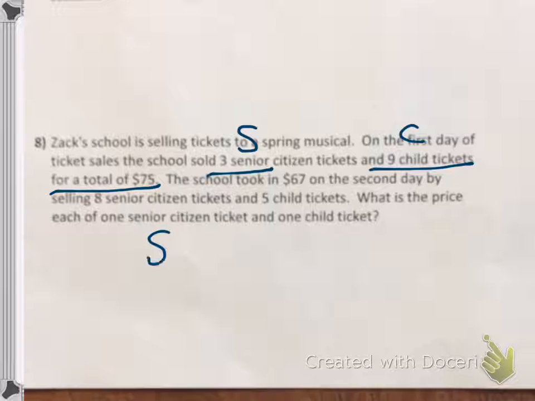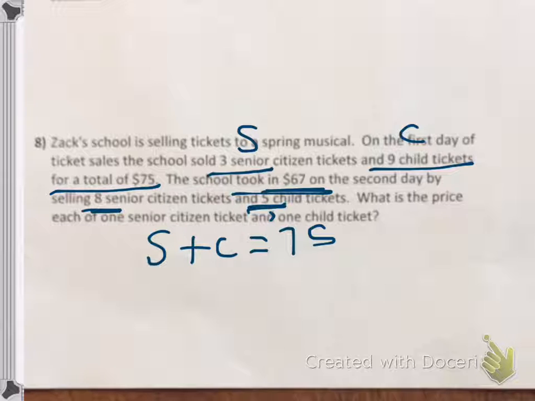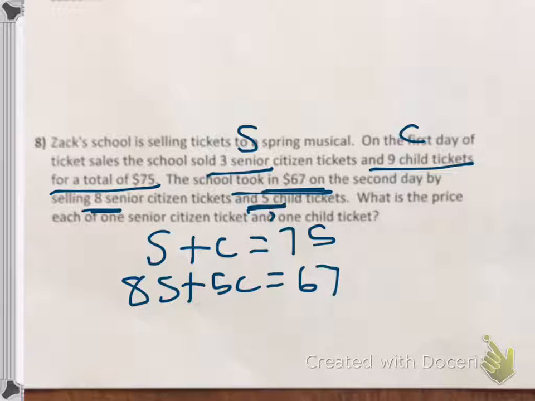So we know 3S plus 9C equals $75 on the first day. And then the school took in $67 on the second day for 8 senior and 5 child. So 8S plus 5C equals 67 on the second day.